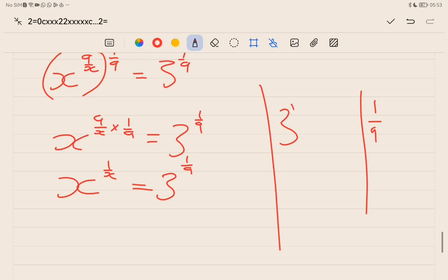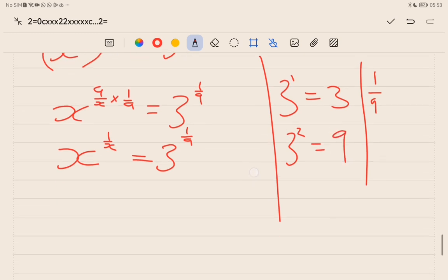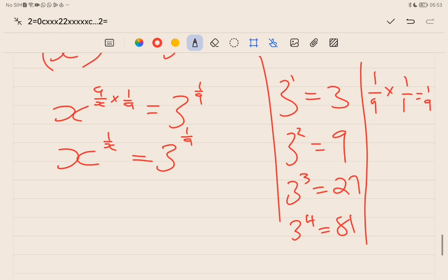First of all, 3 to the exponent 1 is 3. 3 to the exponent 2 is 9. 3 to the exponent 3 is 27. 3 to the exponent 4 is 81. Here, the same way, 1 over 1 gives 1 over 9. When you multiply by 2 over 2, it gives you 2 over 18.